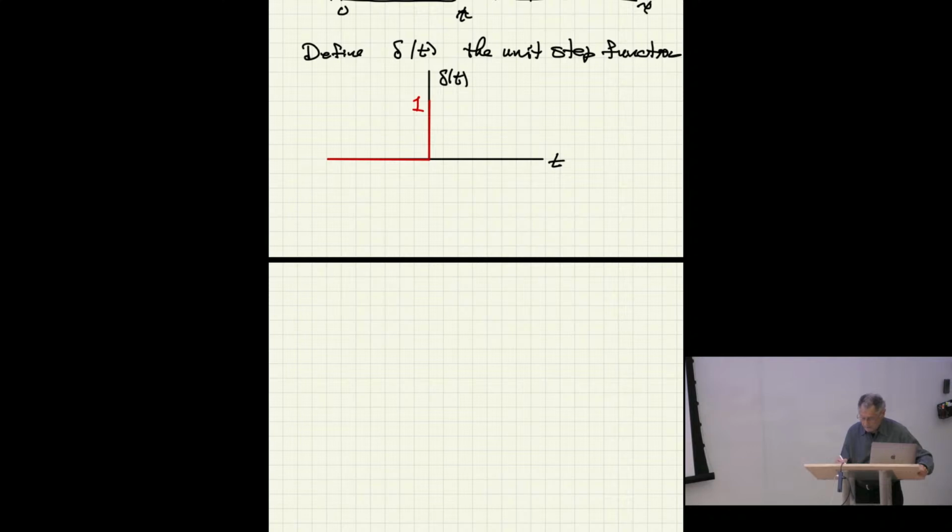From there on. Very simple function. It's a very useful function, it turns out. And it turns out that delta of t has a transform 1 over s.